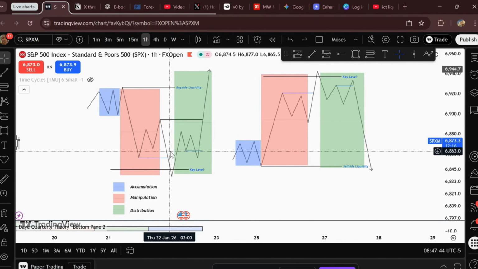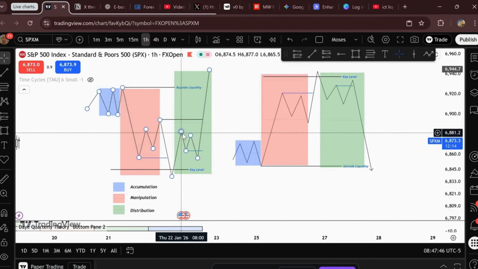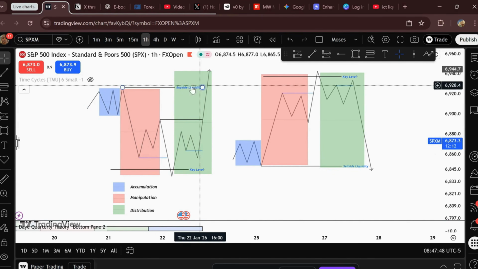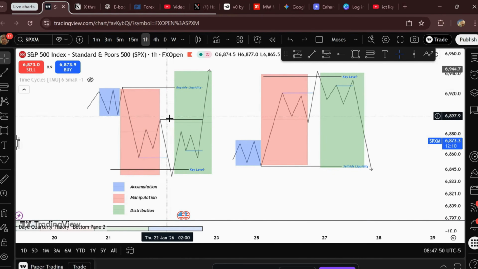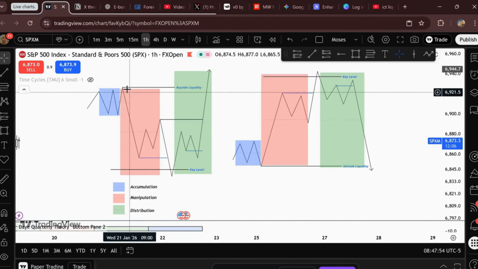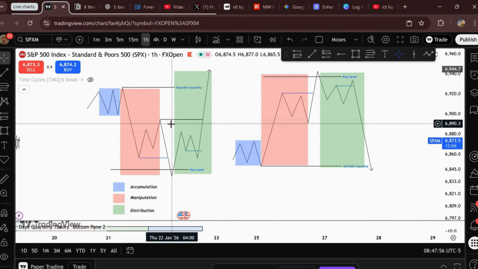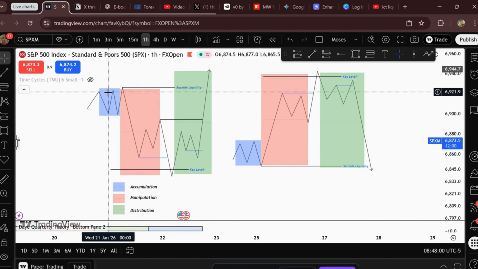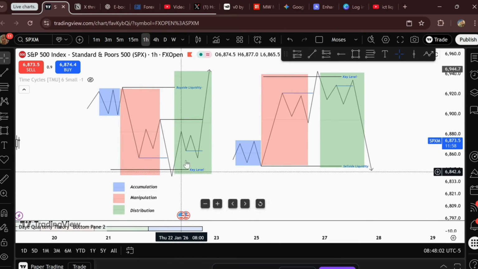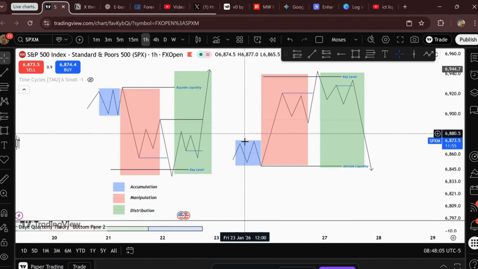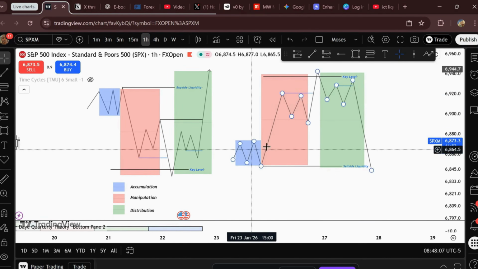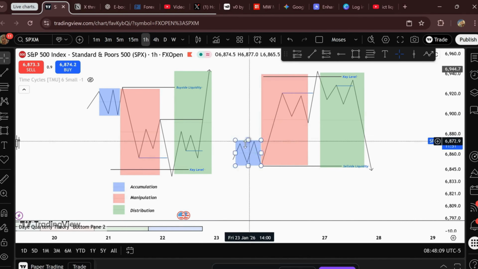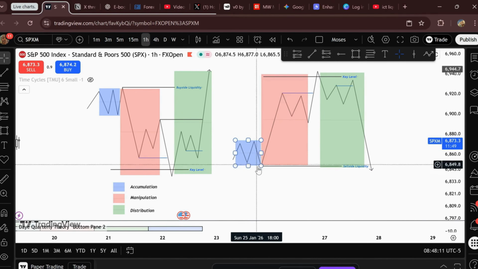Break structure on the lower time frames, and then we see price target the highs as the buy side liquidities, right? Buy side liquidity, because a bullish market is rejecting lows and breaking highs. So accumulation, manipulation, distribution.